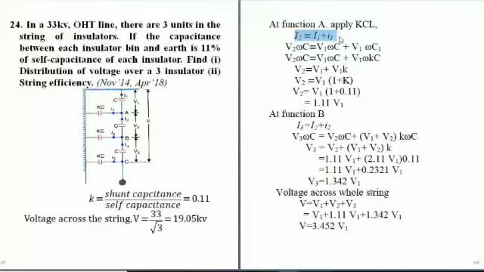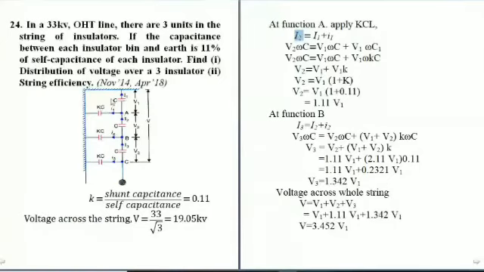How have we written this equation? The I2 current entering the node A is equal to the sum of capital I1 and small I1. So we have written the equation in this manner.